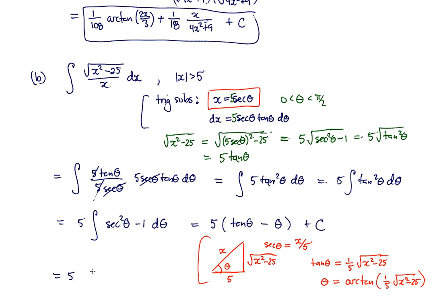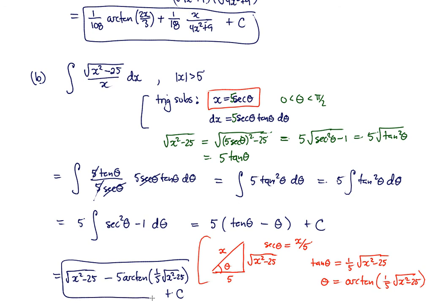Tan of theta is 1/5 the square root, so actually that cancels with that 5 and just gives us the square root of x squared minus 25. Minus 5 times theta, so that's 5 arctan of 1/5 square root of x squared minus 25, and a plus c on the end. And so there's our antiderivative.